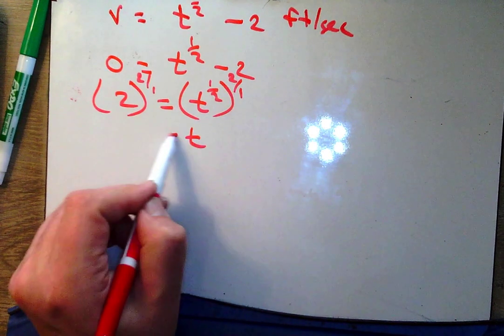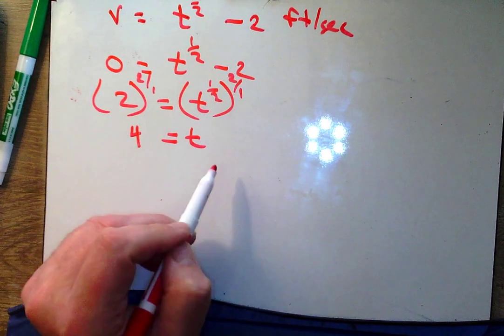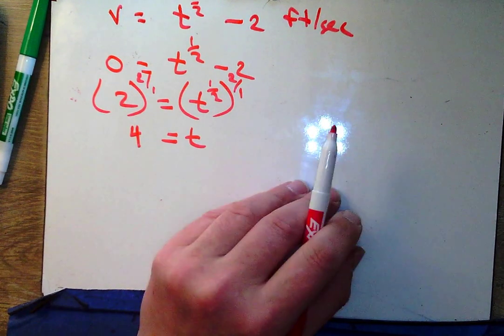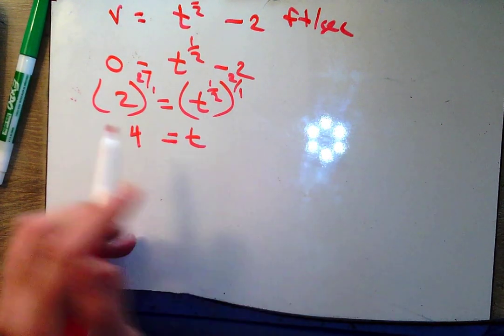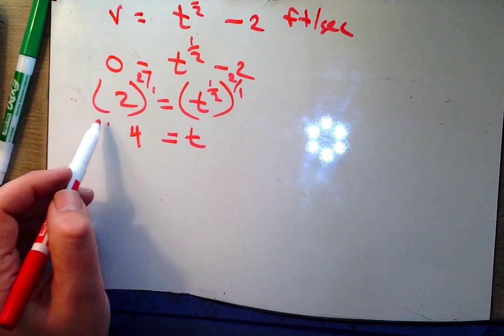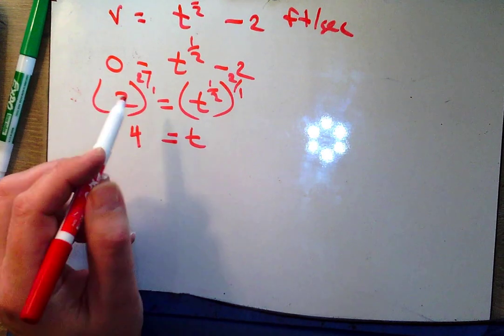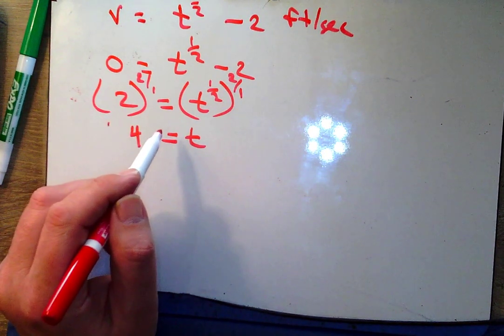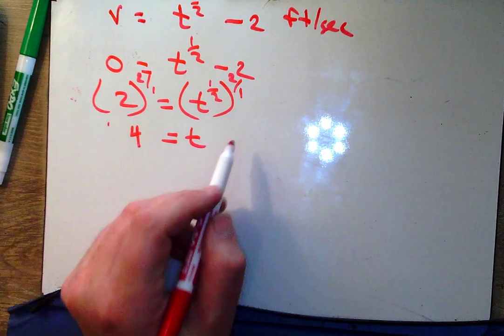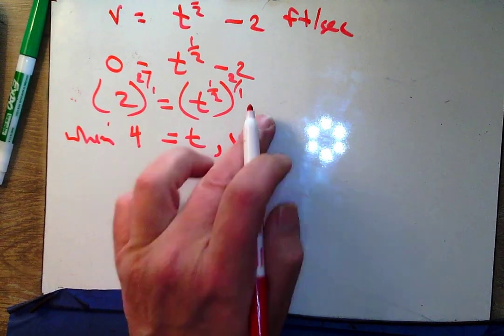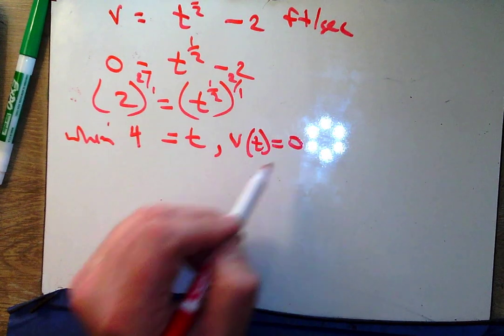So we get t equals 4. I squared both sides. So this is a must check, but when I think about squaring both sides, there's no reason this shouldn't be fine. When t equals 4, v of t equals 0.